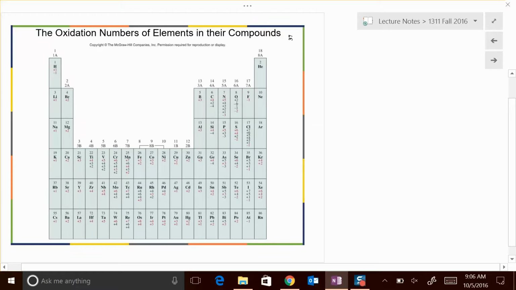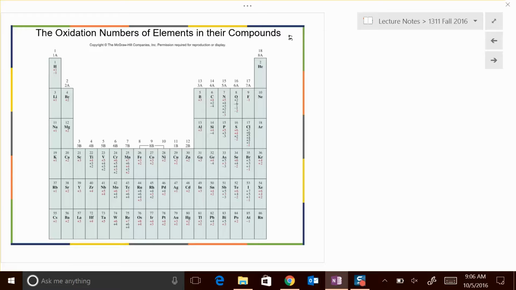Okay, so you can see all the different oxidation states that all these elements can take. Okay, that's what this chart is showing. Look at nitrogen, +5, +4, +3, +2, +1, and a -3 if it's an ion, right? Carbon has all these oxidation states, +4, -4, it has all kinds, okay? Chlorine, look at all those states that chlorine has, okay?